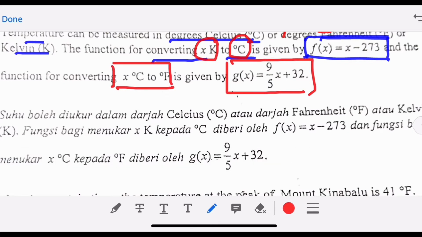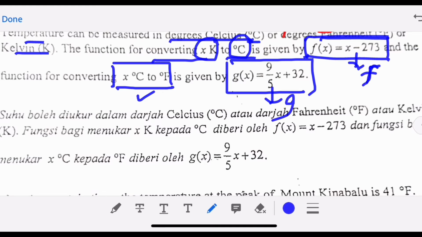So we have function number 1, which is in blue, and function number 2. They give you F and G, right?